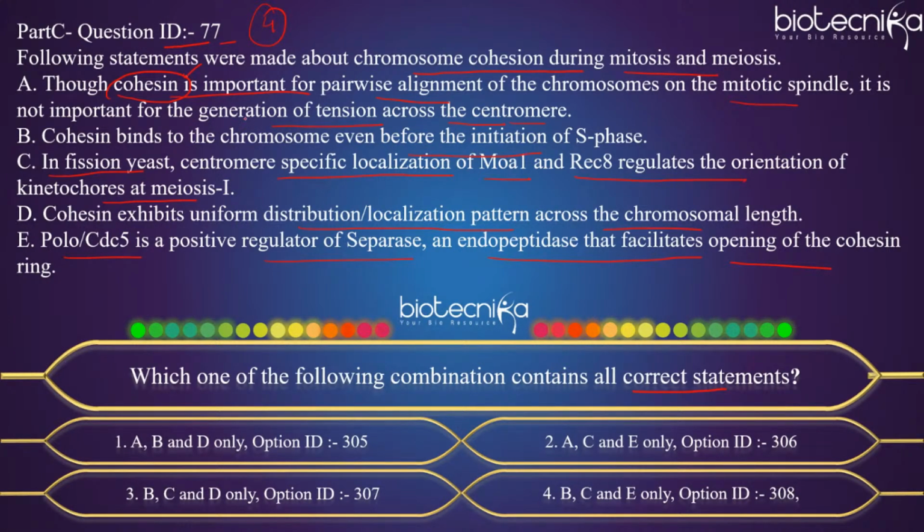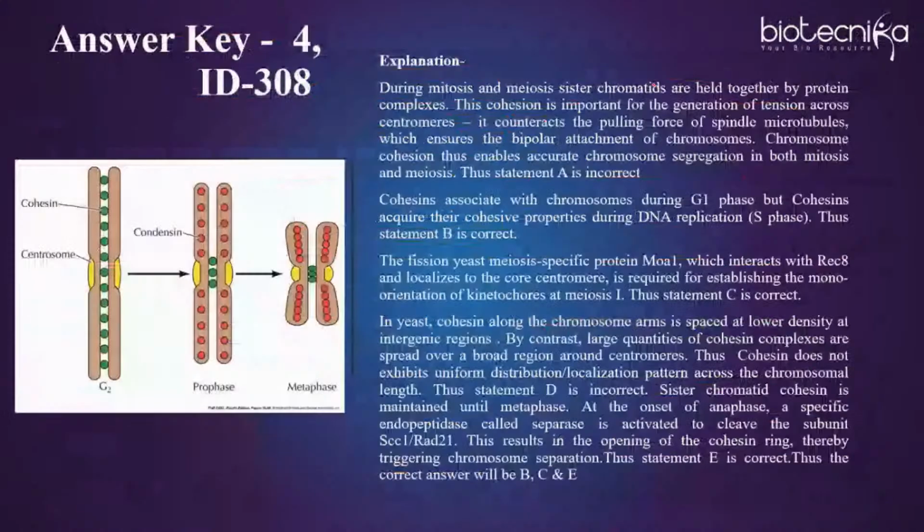So what does the first statement say? Cohesion is important for pairwise alignment of the chromosomes on the mitotic spindle. Definitely it is responsible for pairwise alignment, but it also says it is not important for generation of tension. Is this correct? No, right? It is important for the generation of tension. Because of the presence of cohesins, they are responsible for holding the sister chromatids. If they are not present, there will be no proper separation of these sister chromatids.